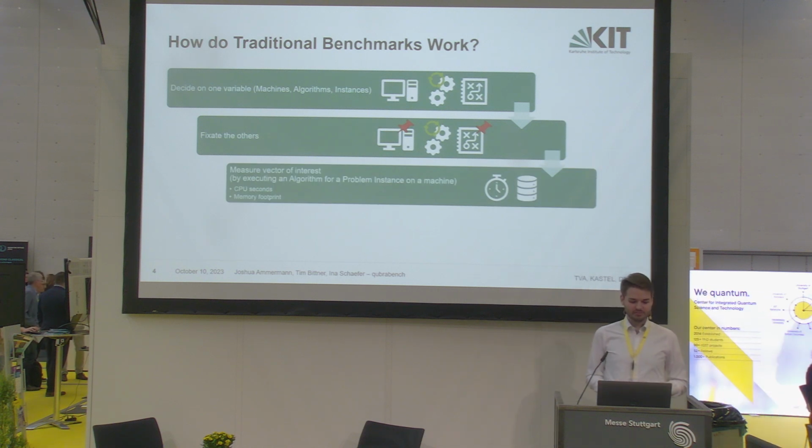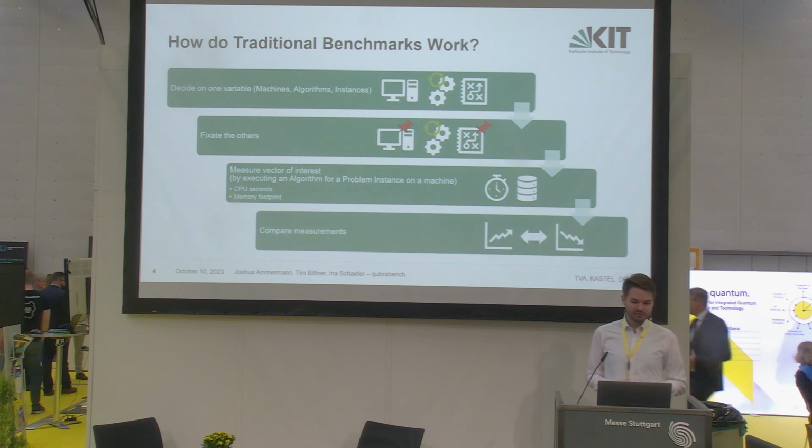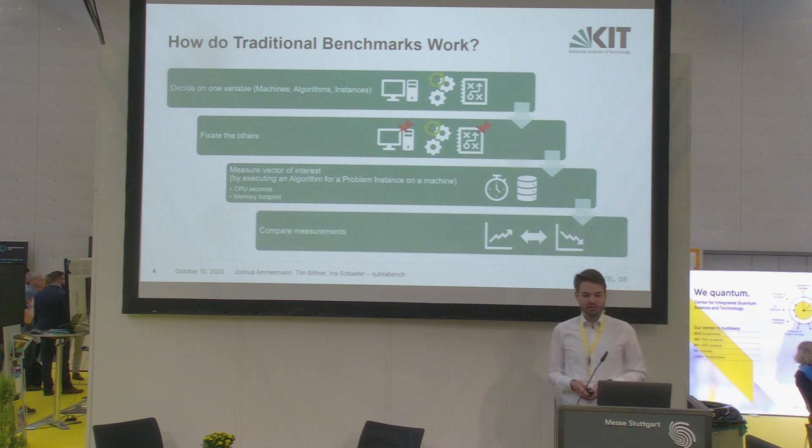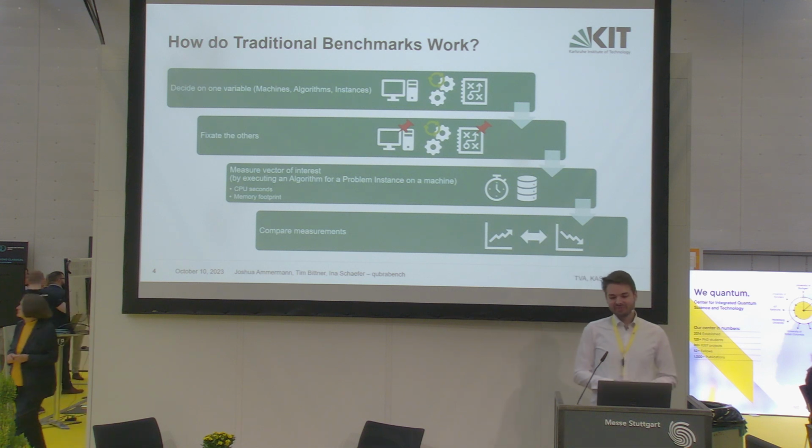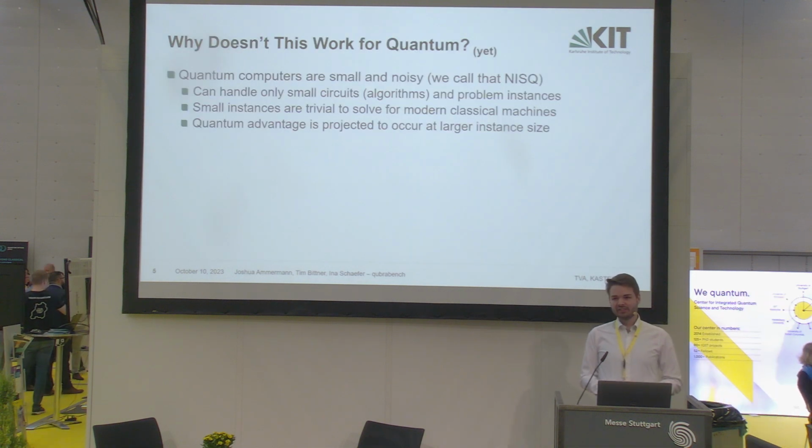That means we actually execute an algorithm for the problem instance on a concrete machine, or for many algorithms, and then we compare, for example, CPU seconds or memory footprints. Using these comparisons, we can then tell, hey, this algorithm performs better, or the other one is better, or both are kind of, I don't know. So this is classical benchmarking.